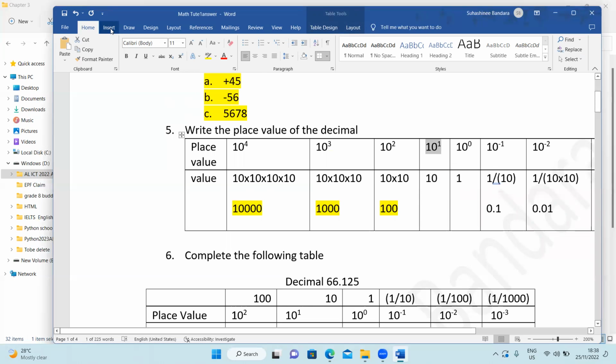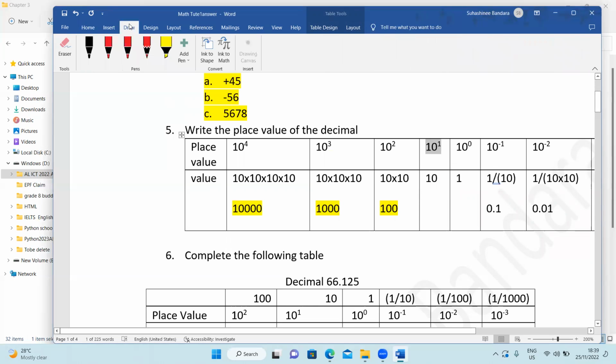The whole number part starts from 10 to the power 1. So you better keep a point here. The fraction part starts from the right hand side of this point, and the whole number part starts from the left hand side of the point. That means this is a decimal point.